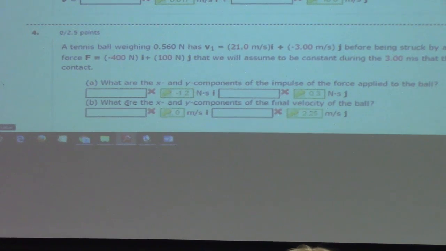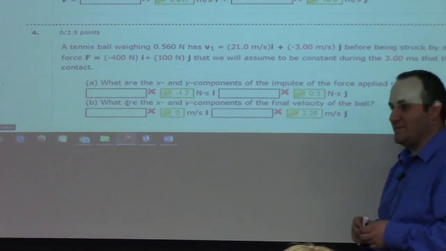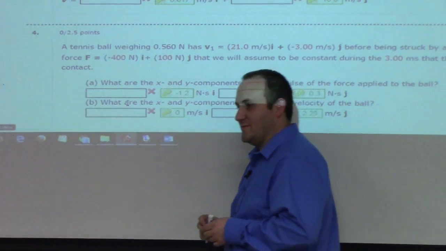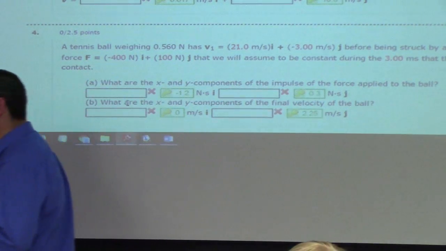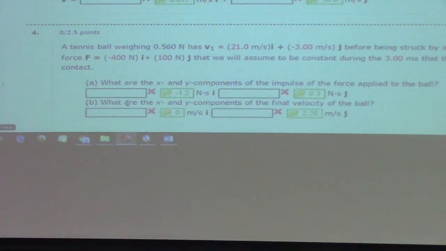To make this more Chapter 8 or 9-y, I would say calculate the impulse delivered by the force. That's how this problem would be changed to make it more interesting on your test, for example. But if the force is variable, we just have to integrate. That's always there.